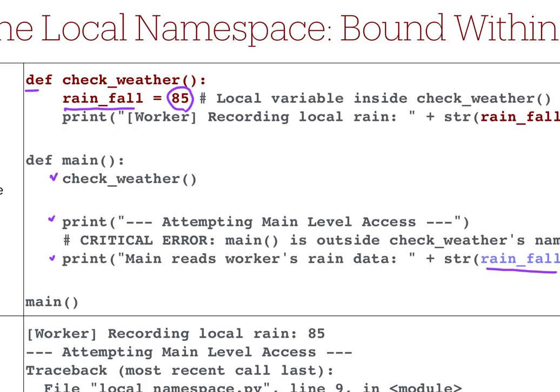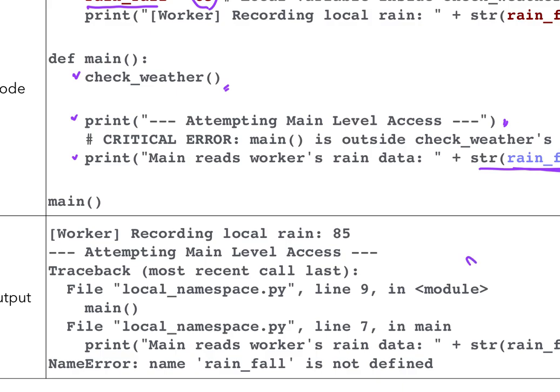So you see an output from the check weather function or the first print line. But when you try to evaluate this rainfall variable in the second print line, you get an error, and Python will complain with those error messages.